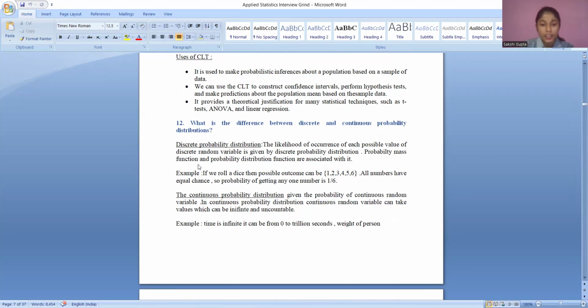Probability mass function and probability distribution function are associated with it. For example, if we roll a die, then the possible outcomes can be 1, 2, 3, 4, 5, 6. All numbers have an equal chance, so the probability of getting any one of them is 1 by 6.